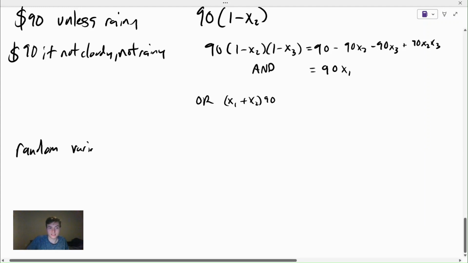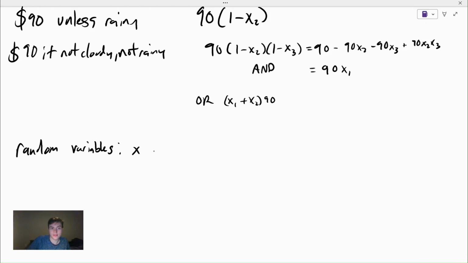So we know the possible values for x, and we have the probabilities for those.